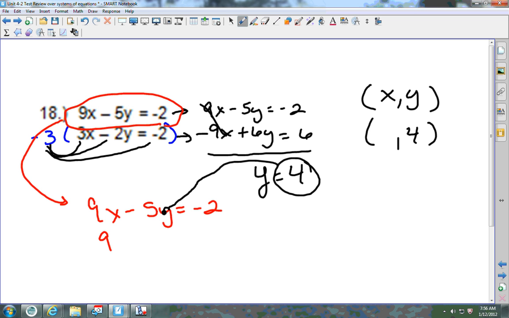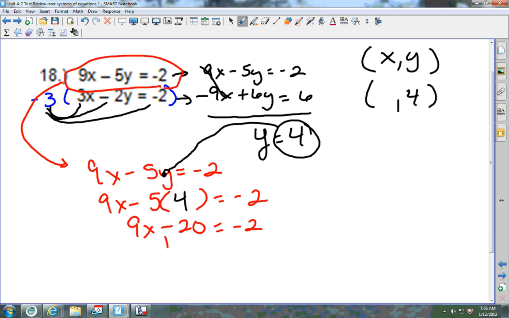I've got 9x minus 5 times y, which is 4, equals negative 2. 9x, negative 5 times 4 is negative 20, equals negative 2. Add 20 to each side. 9x equals 18. Divide by 9. X equals 2. My solution is 2, 4.